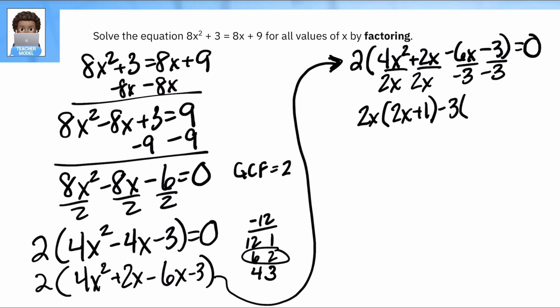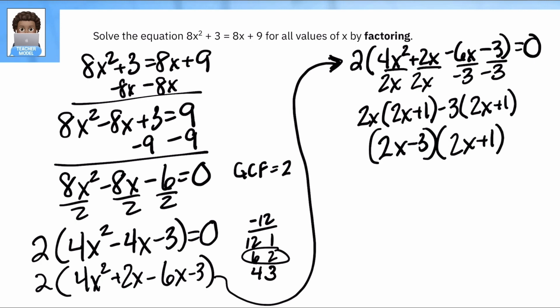I'll also have 2x plus 1. So let's rewrite this since we have 2x plus 1 in both. So now I have 2x minus 3 times 2x plus 1. And the 2 from the outside is equal to 0.